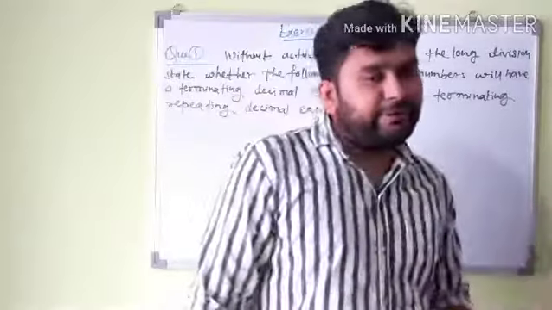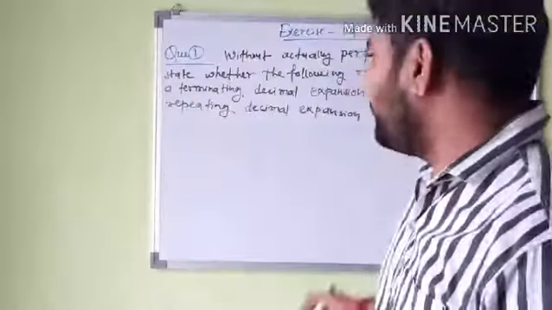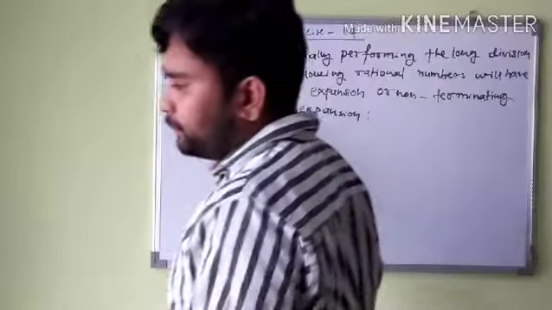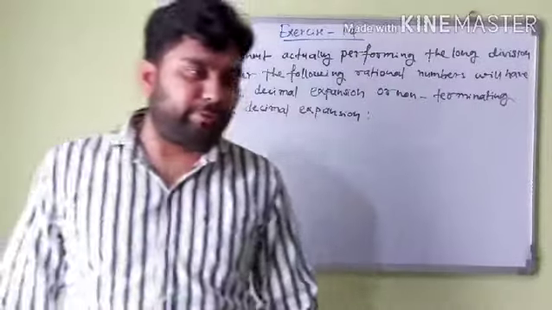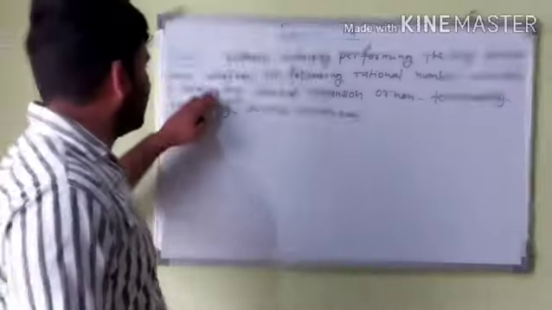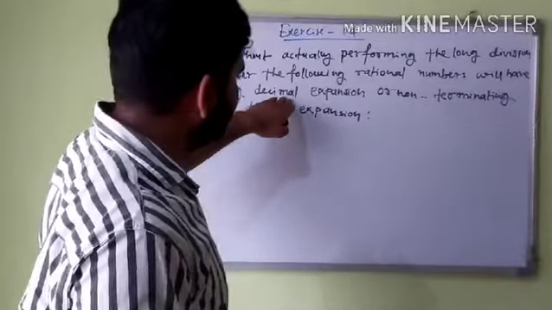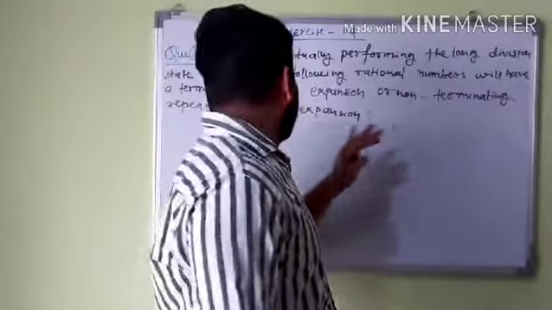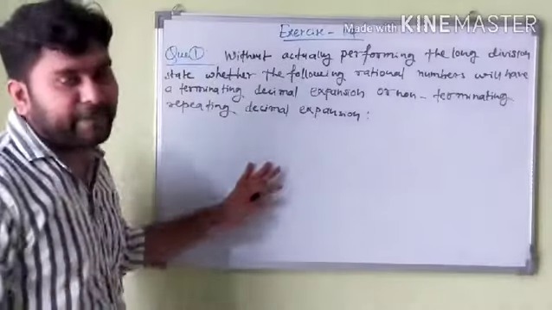The given numbers are in the form of p by q. Without performing division, we can find out whether the number has a terminating or non-terminating decimal expansion.